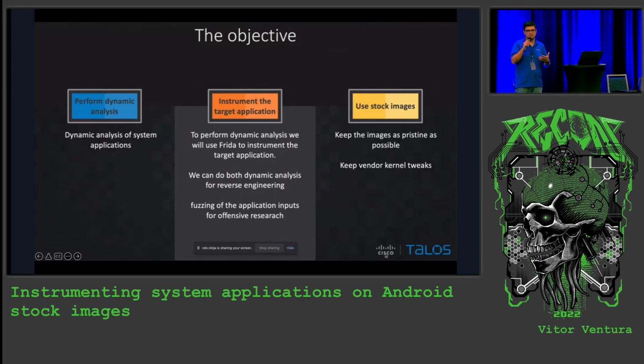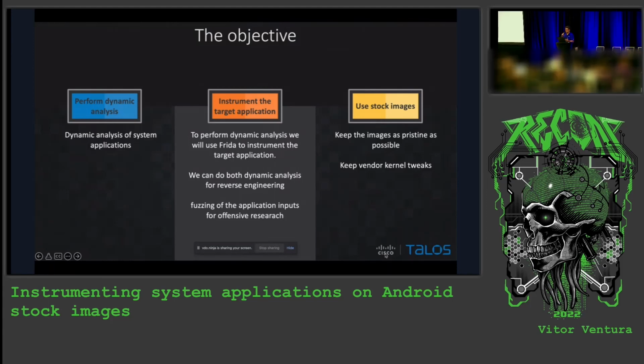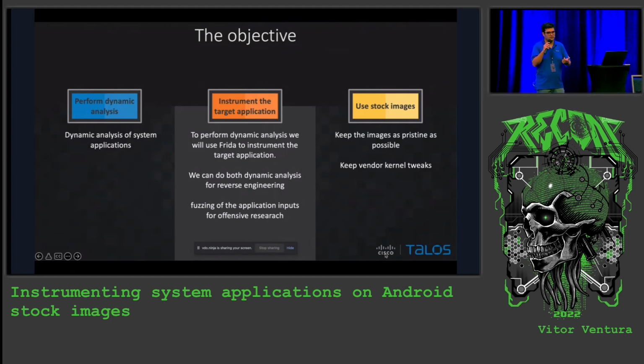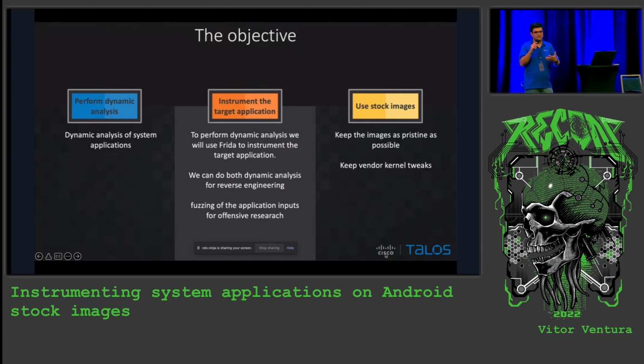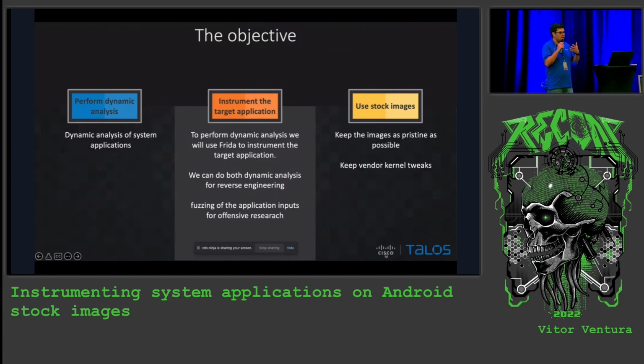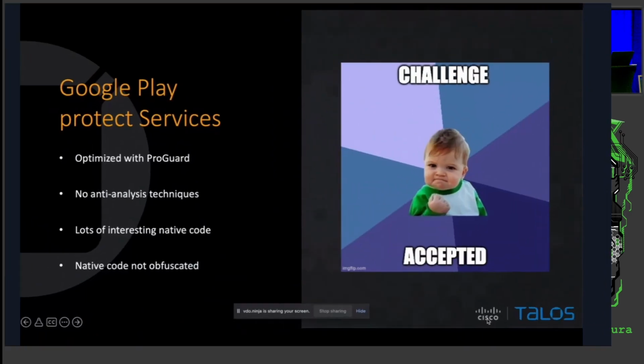A good example is you can get root on a Samsung, but you won't be able to run ADB, the Android Debug Bridge, as root, because it's still a stock image. The same thing, for instance, for SELinux on Samsung: you won't be able to change it to permissive because the setting is embedded in the kernel. So there are still a lot of things that even if you have root, you cannot do, and I wanted to keep that environment as much as possible.